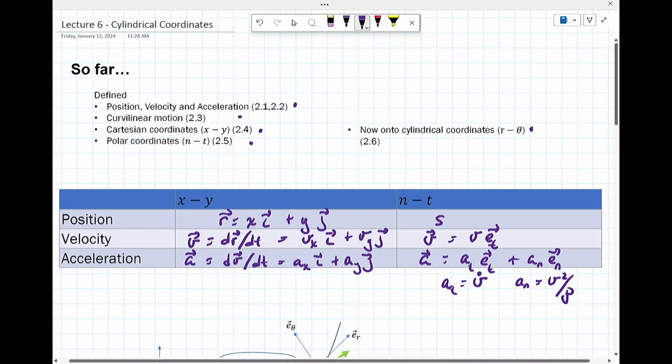And with acceleration, you still have ax, ay, or in the nt coordinate system, it's acceleration tangential, acceleration normal.